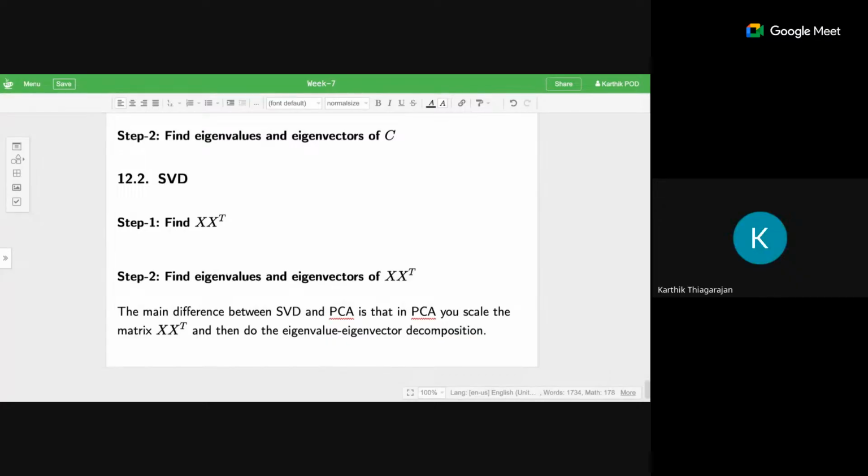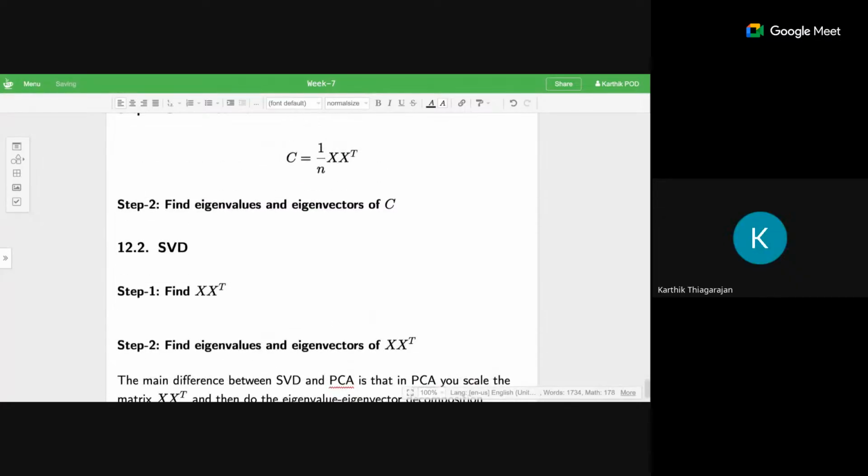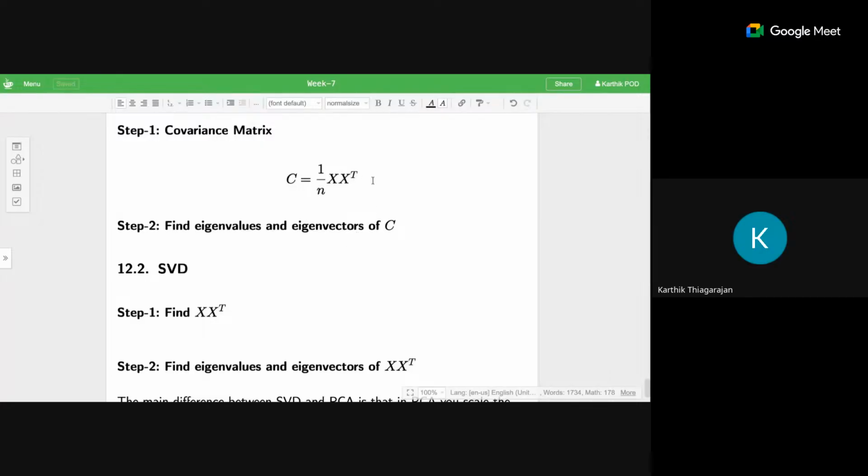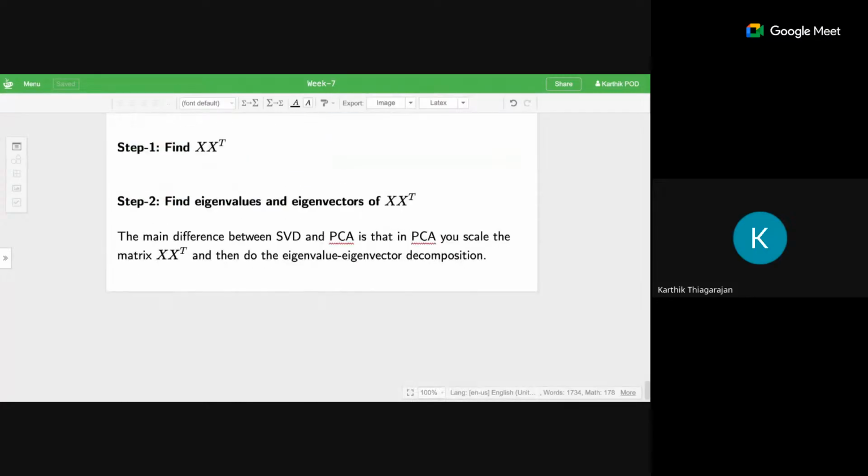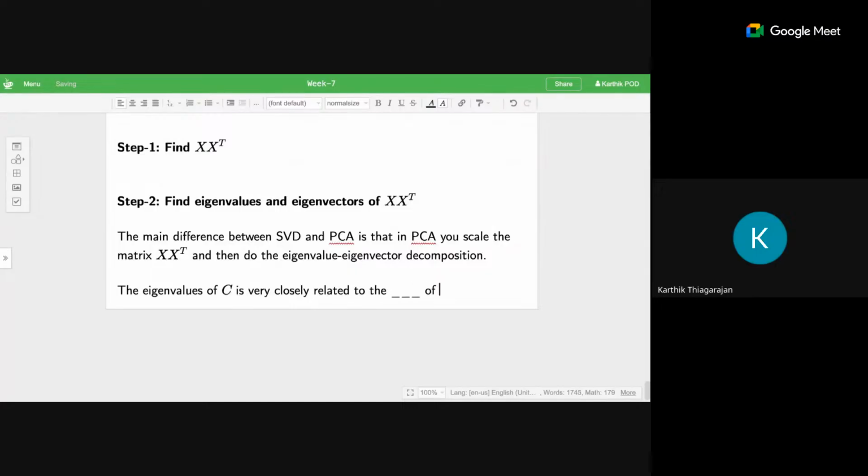That is the only difference. In fact, if you do this, the eigenvectors won't change at all. The eigenvectors of C and eigenvectors of XX transpose are the same. You can prove that. Only the eigenvalues will change. In fact, the eigenvalues of the covariance matrix are very closely related to the singular values of X.